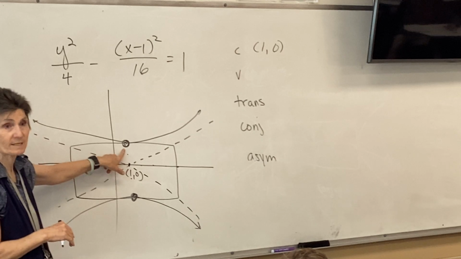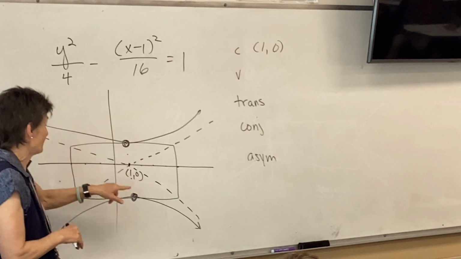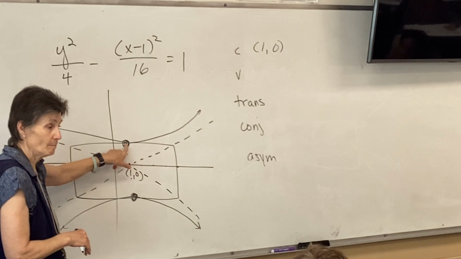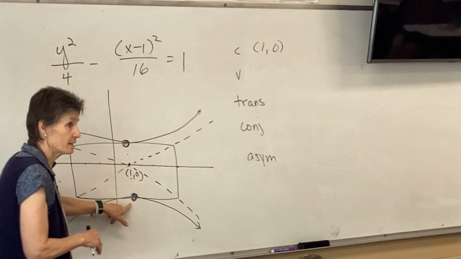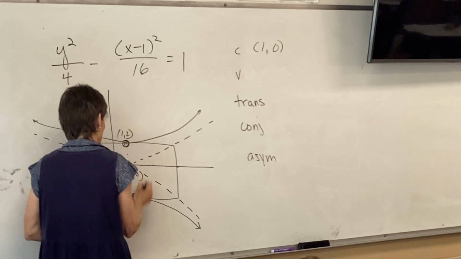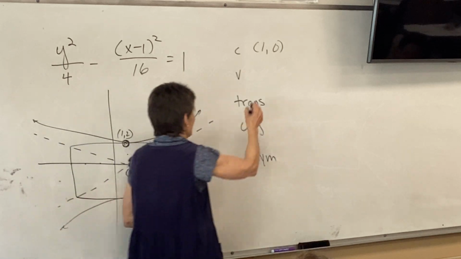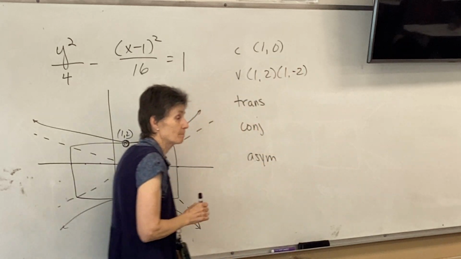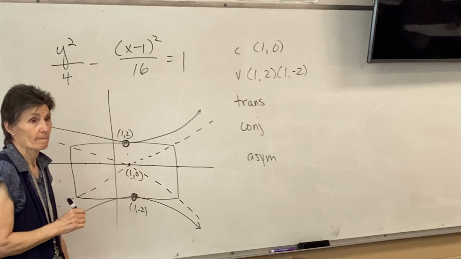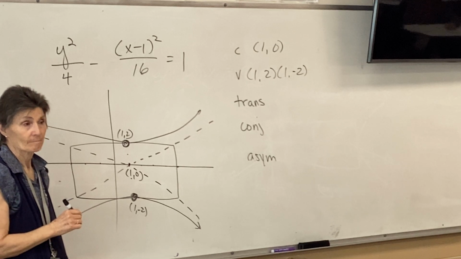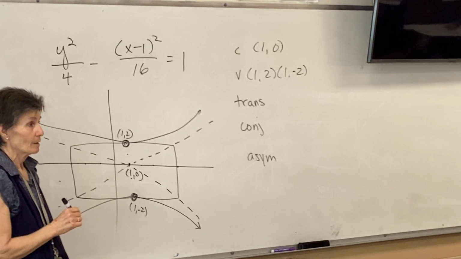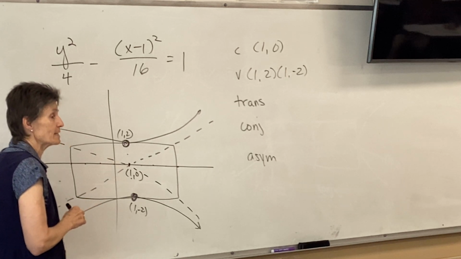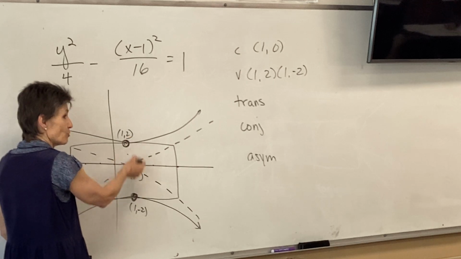Those are called the vertices. There's 2 of them. So you have a vertex at 1, comma 2, and at 1, comma negative 2. And those are your vertices. Okay? Now, transverse axis.